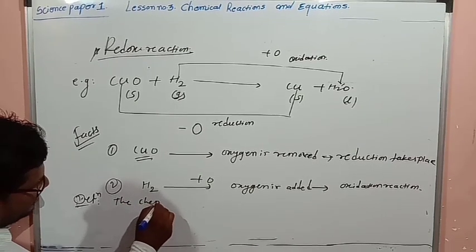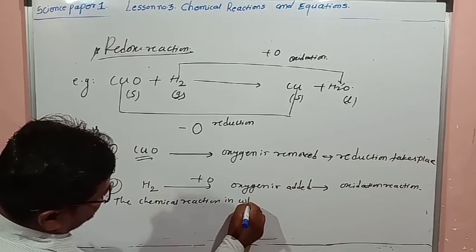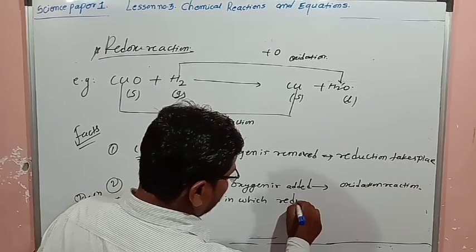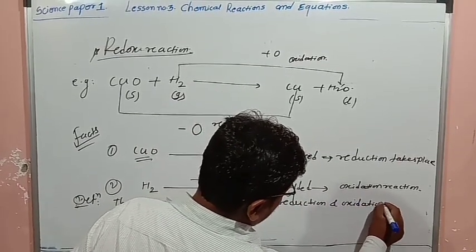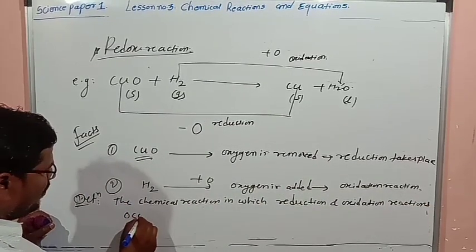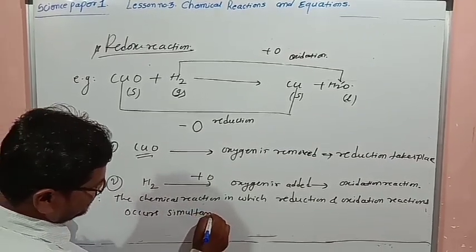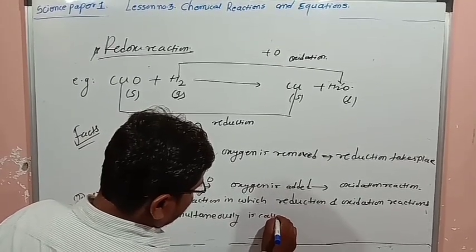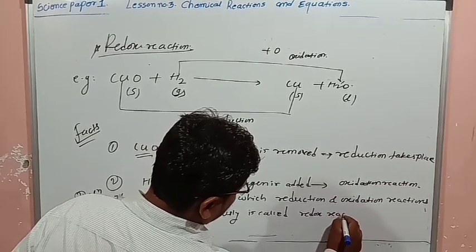The chemical reaction in which reduction and oxidation reactions occur simultaneously is called a redox reaction.